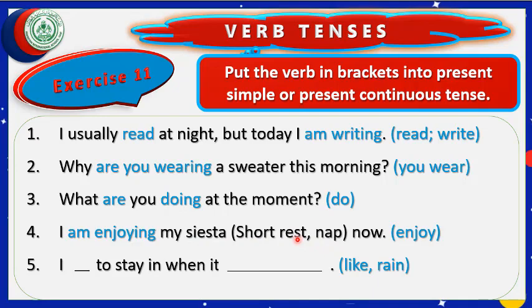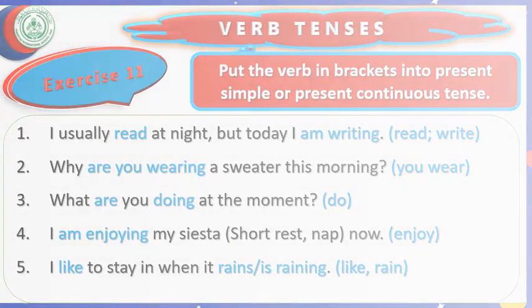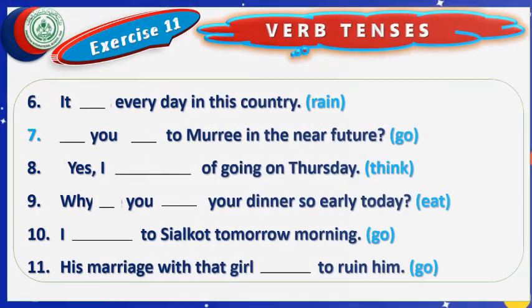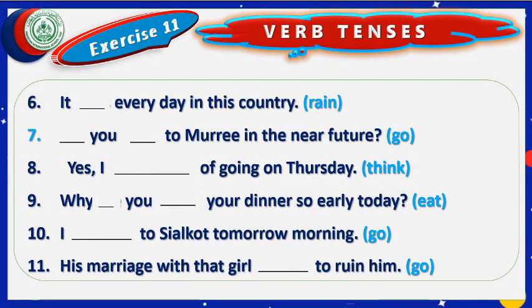We take rest for some time just after having a dinner. That is called nap or siesta. Okay. Next sentence, I like to stay in when it rains or when it is raining. Both will be correct. Let us move to the next slide to do remaining sentences.